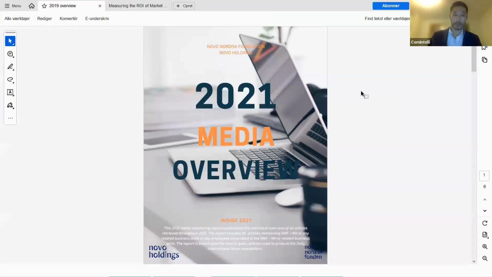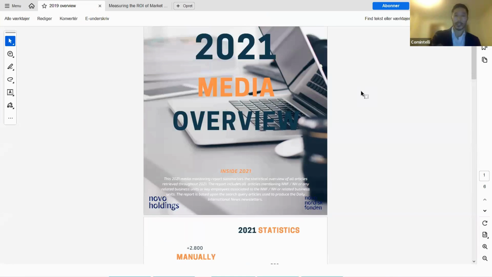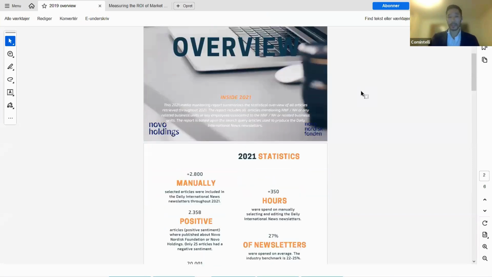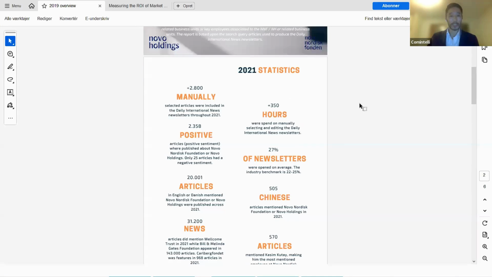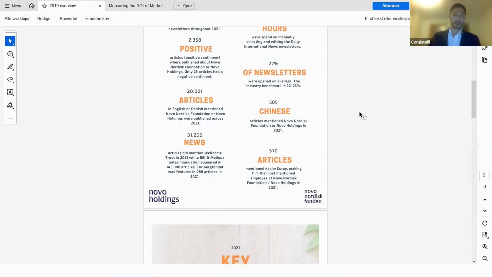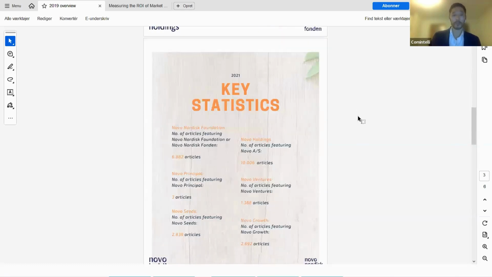So this is one of the previous reports that was made by an analyst team displaying some of the statistics over time. Now, this is done like a marketing report, but just elevating to that level creates a more professional feeling of, okay, this is actually meaningful. It's beautifully laid out. It's something that any senior management would look at and say, okay, it's quite impressive what you've done over time.